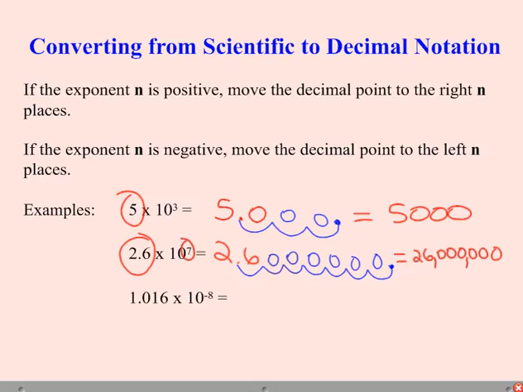All right, our last example, 1.016 times 10 to the negative 8th. In this example, we see that our exponent is a negative number. That means we're going to move the decimal point to the left 8 places.